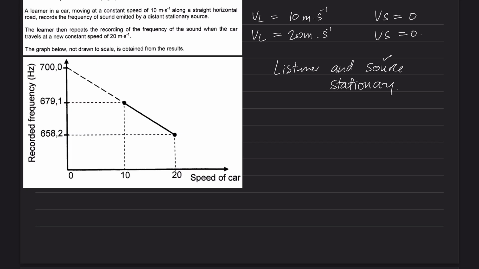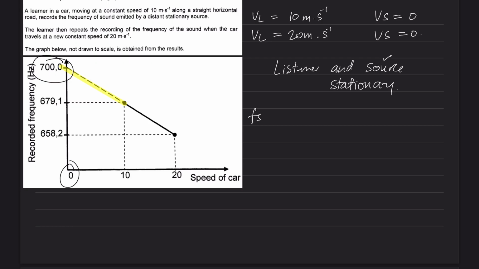The car isn't. So what we can do is extrapolate our graph backward like this to where the speed of the car is 0. And that tells us that the y-intercept, that 700 hertz, is the frequency of the source.